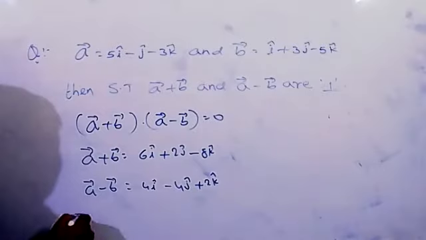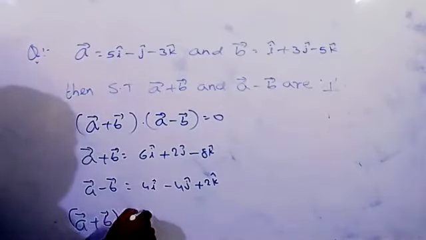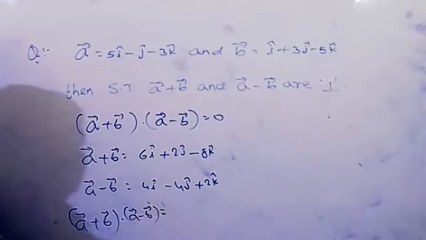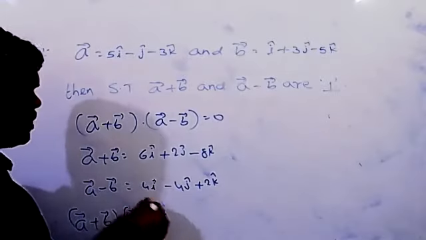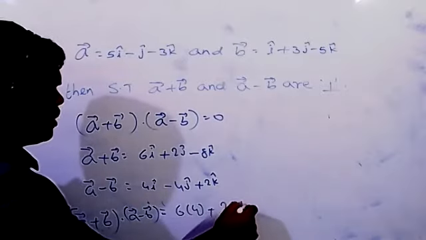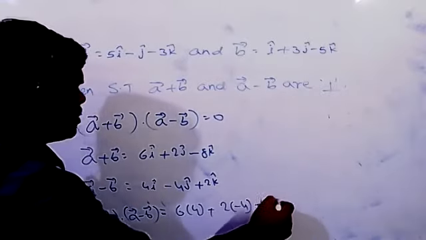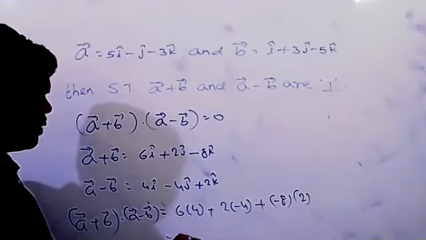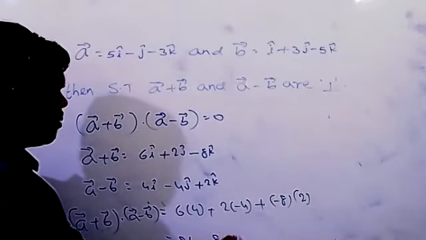Now find the dot product of these two. So a plus b dot a minus b is equal to 6 into 4 plus 2 into minus 4 plus minus 8 into 2. 6 fours are 24, minus 8, minus 16.